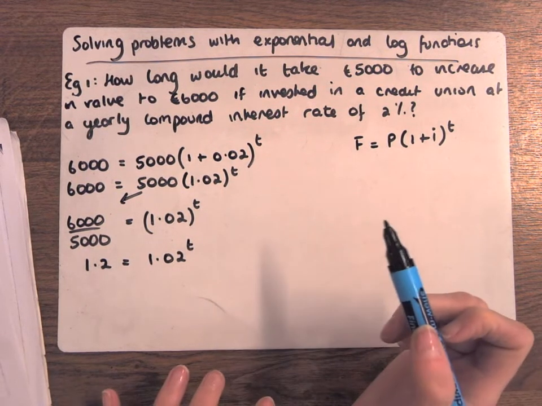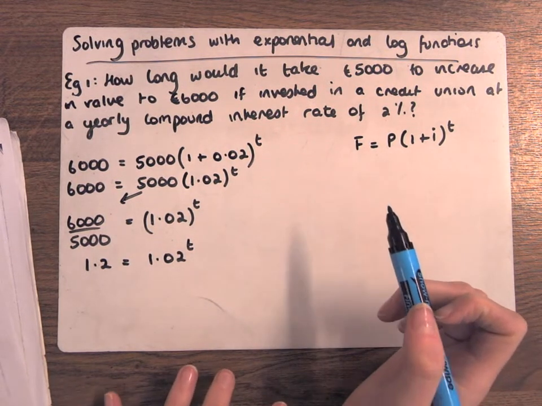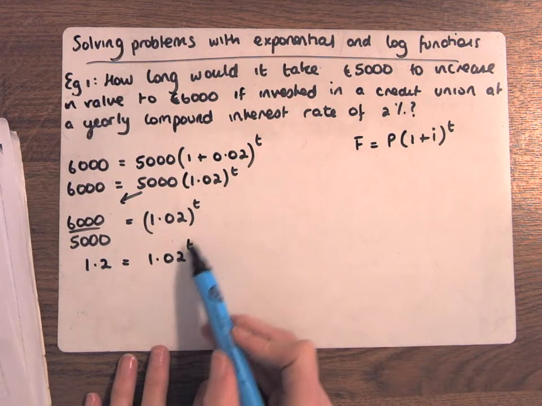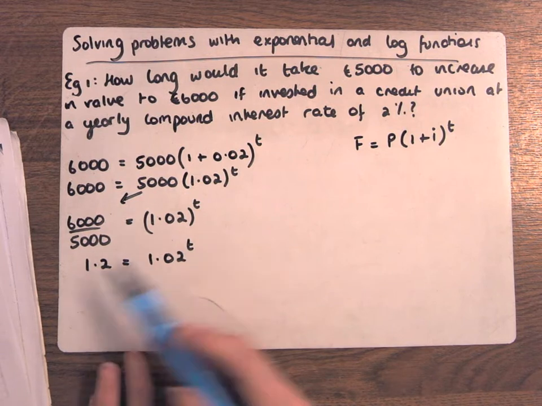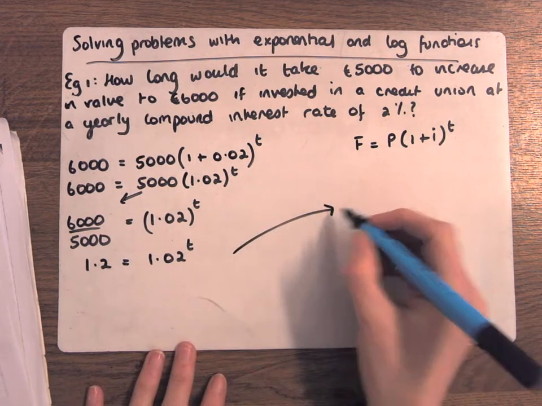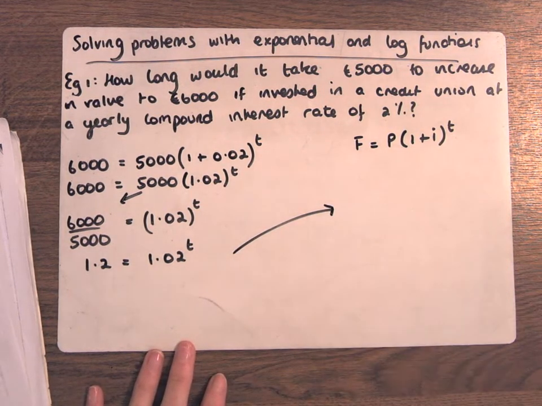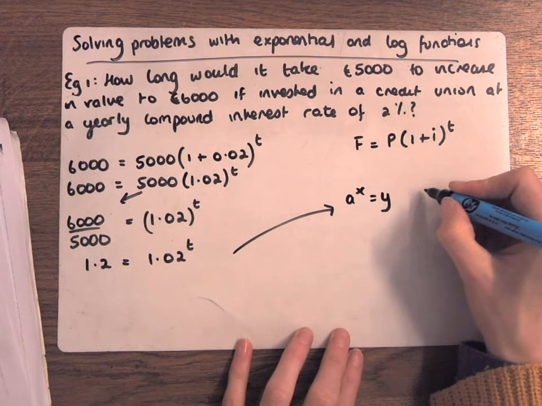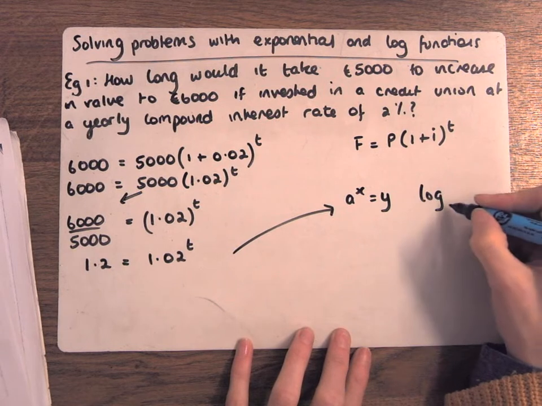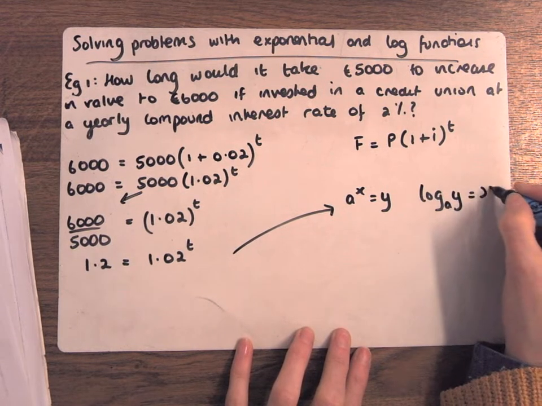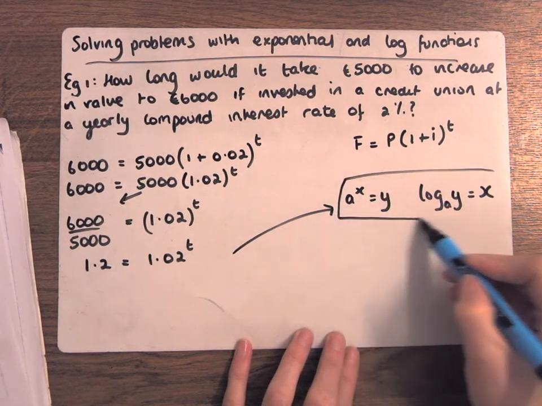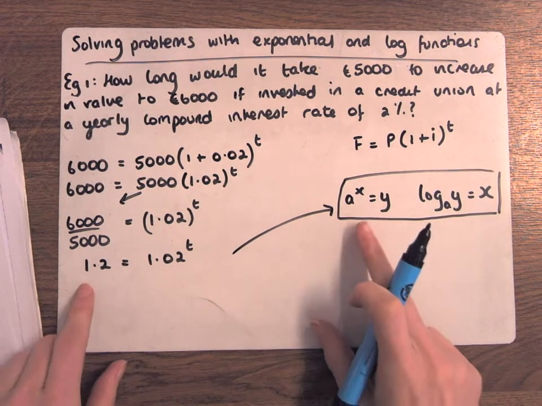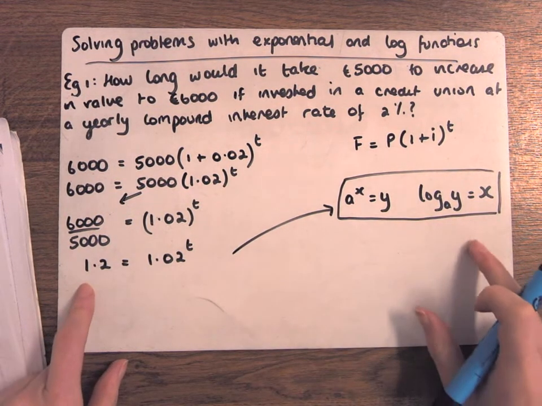From here, you can use logs, okay? Base, power, value. So remember this. You're using logs for when you're trying to find the power, okay? So I have this, and I need to convert it to a log.